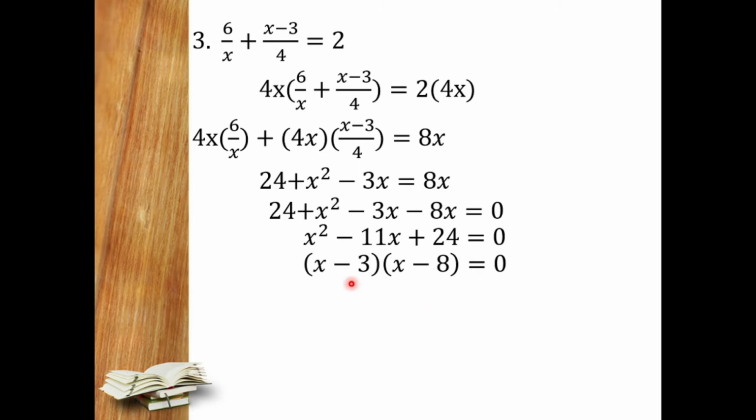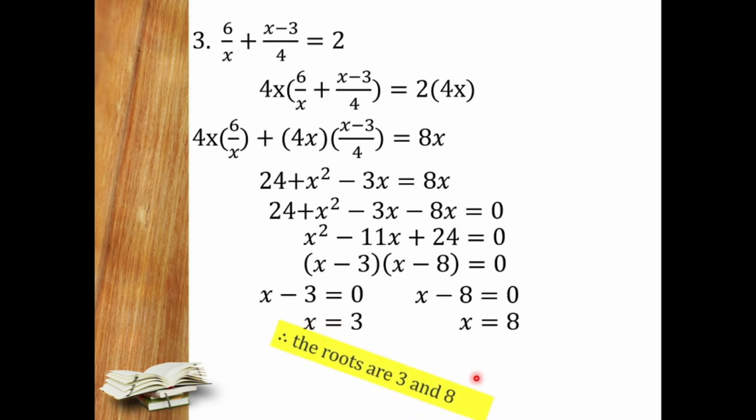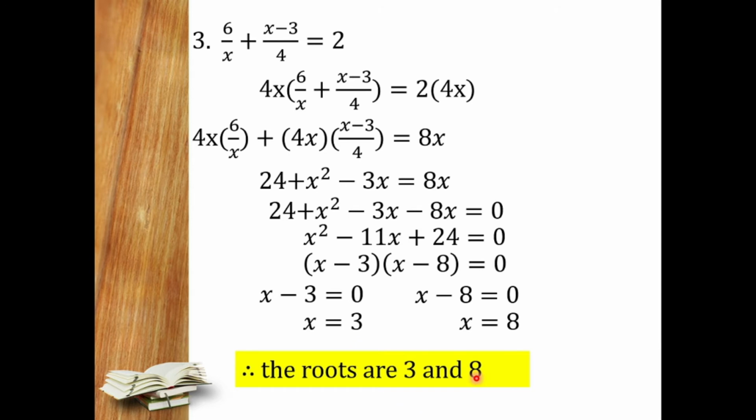So, again, we apply the ZPP or the zero product property. So, therefore, we have x minus 3 is equal to 0 and x minus 8 is equal to 0. So, isolve na natin yung resulting linear equations. So, what are the values of x that we have? Yes, so therefore, the values of x or the roots that we solve are 3 and positive 8. Okay? So, the roots are 3 and 8.